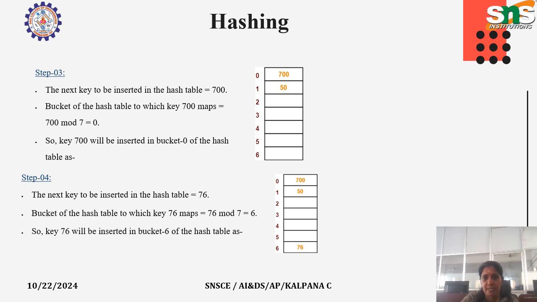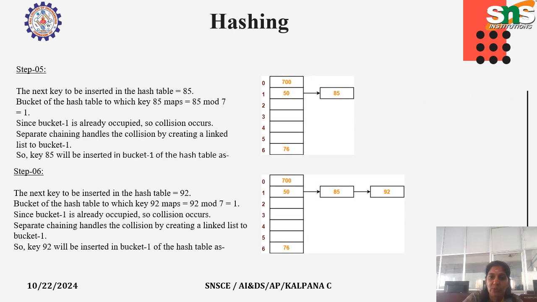Next value is 700. 700 modulo 7 gives 0, remainder is 0, so at the 0th location I insert 700. Next value is 76. 76 modulo 7 is 6, so at the 6th location I insert 76.